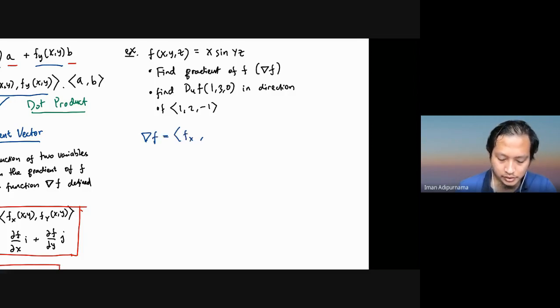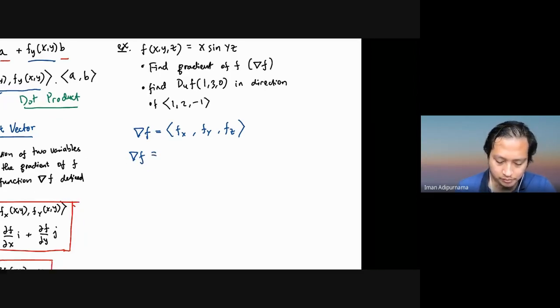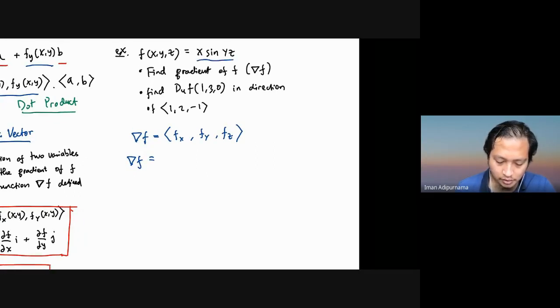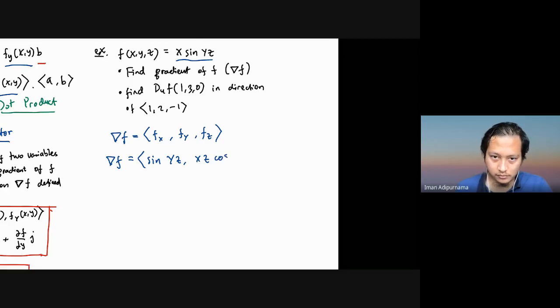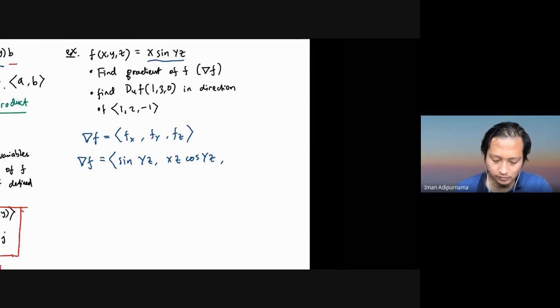We need to find partial x, partial y, and partial z, and we can find them by differentiating the equation here. So we have sine yz, and then xz cos yz, right?